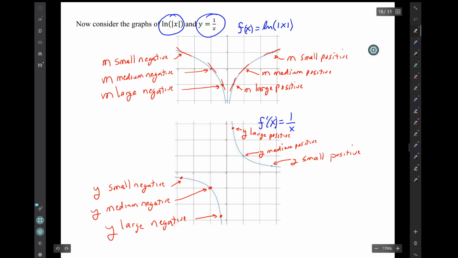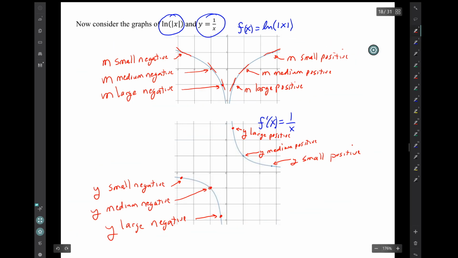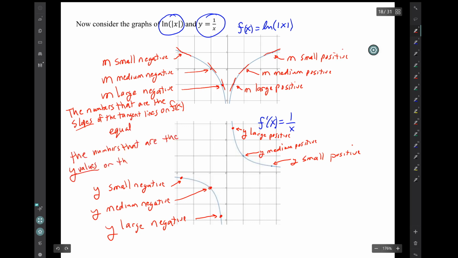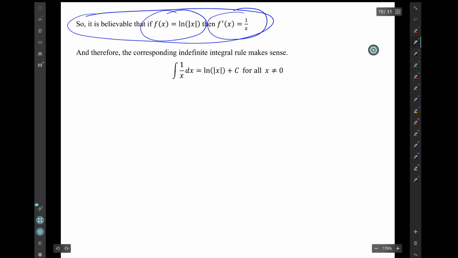So we see that the numbers that are the slopes of the lines tangent to the graph of little f of x equal the numbers that are the y values on the graph of f prime of x. So it's believable that if little f of x equals ln of absolute value of x, then little f prime of x is 1 over x.